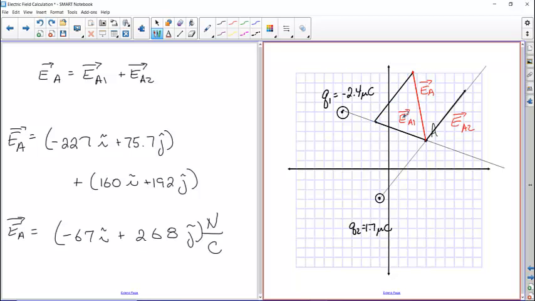So then we go from the tail of vector 1 to the tip of vector 2. That gives us the resultant vector, which is this total vector. And it says that the x component should be negative and the y component should be positive, and that the x component should be significantly smaller than the y component. And we look back here at the numbers and you see that's true. Negative x, positive y. This is much smaller than that. So that is it.